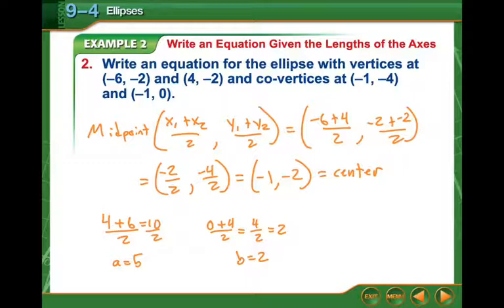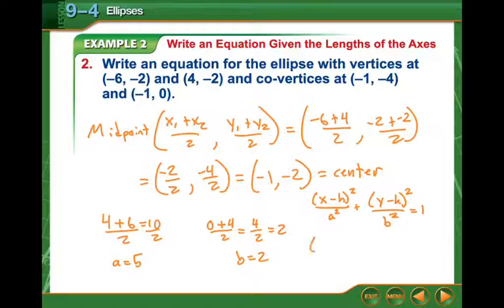So the formula again, x minus h squared over a squared plus y minus k squared over b squared equal to 1. So just fill in the things we know and square where we can.